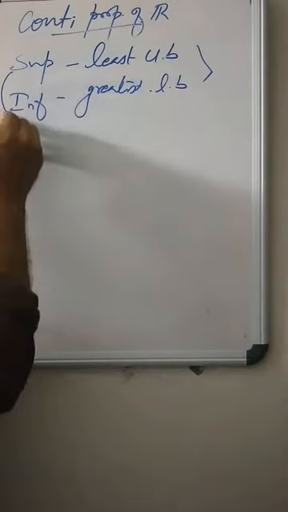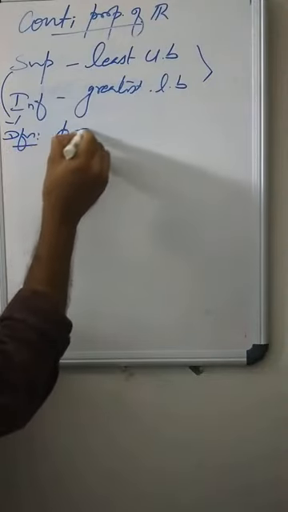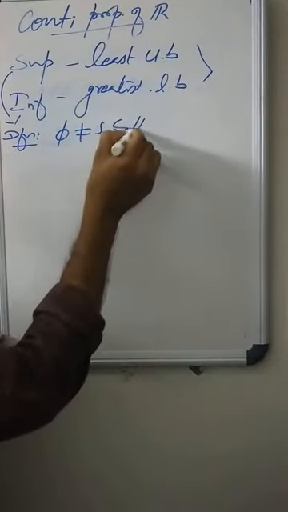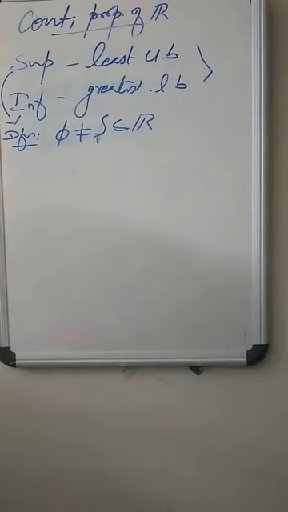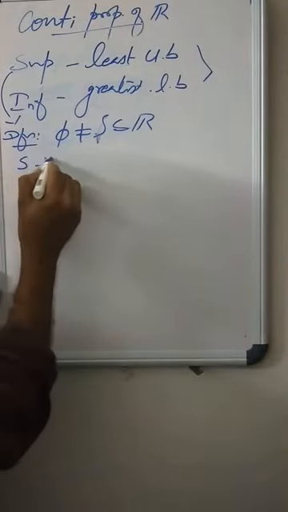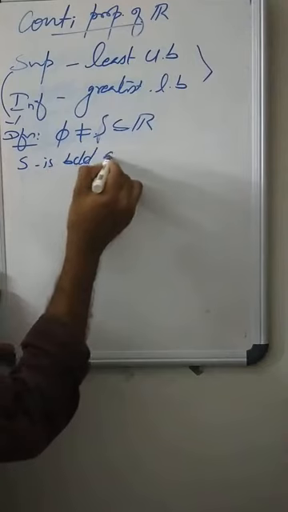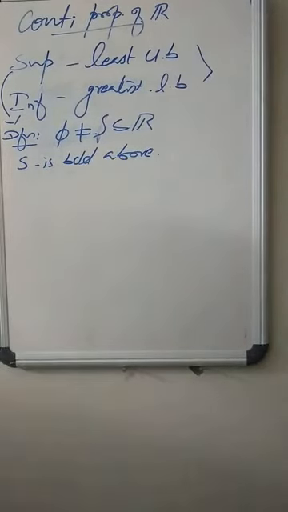Supremum is defined as follows. Let S be a non-empty subset of R. Then suppose S is bounded above. Bounded means both bounded above and below, but for convenience, suppose S is bounded above.